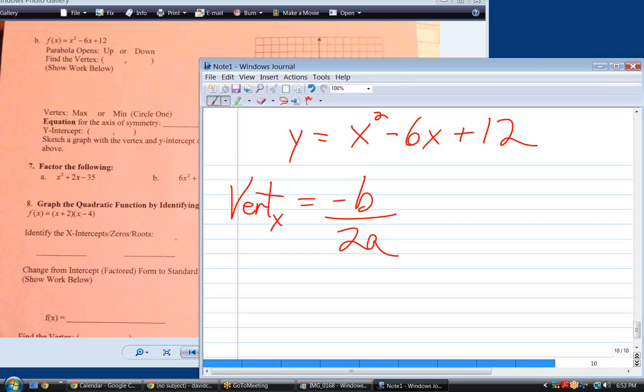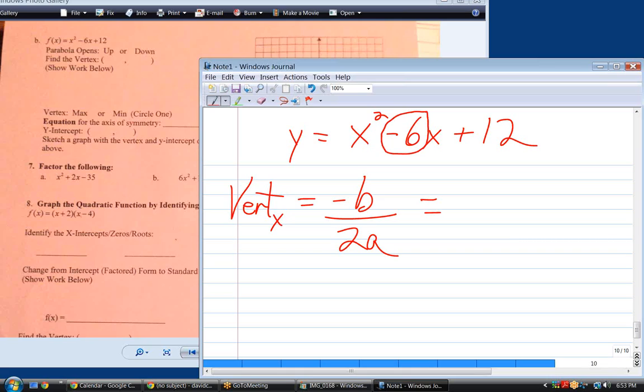Have you been taught that? Yes. Okay. What's -b over 2a here? It would be -6 over... Hold on. What's b? B is that coefficient. Yeah, so it would be -6. Hold on.